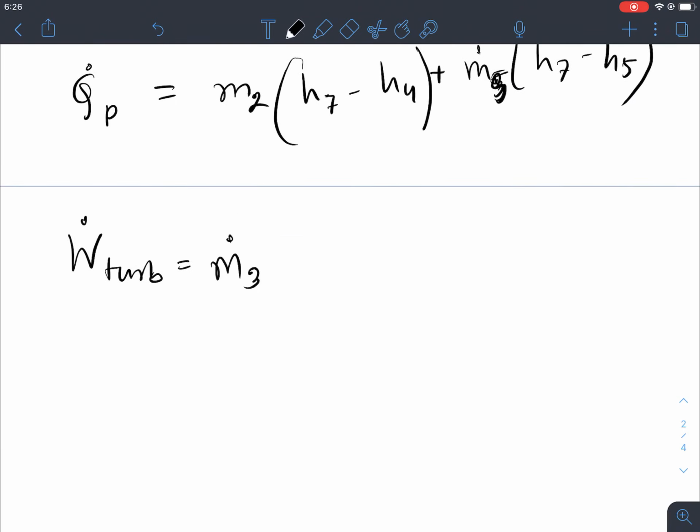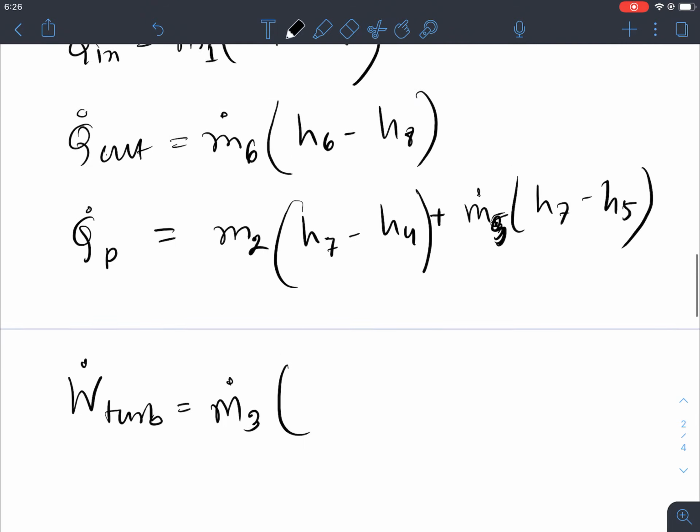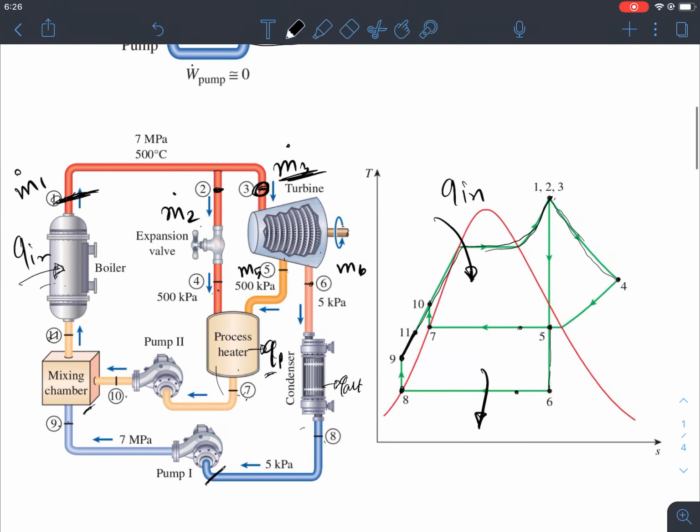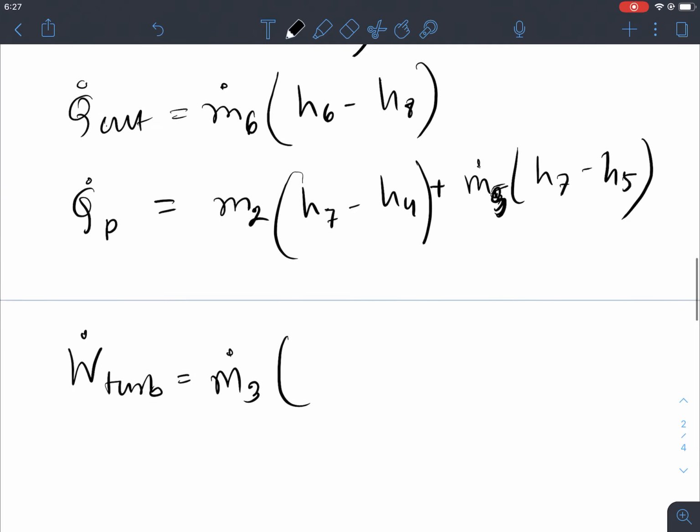So M3 times, we can see that there will be two outputs from the turbine, 3 to 5 and 3 to 6. Instead of M3, let's write this one. So it would be M3 minus M6, which is equal to M5, right?